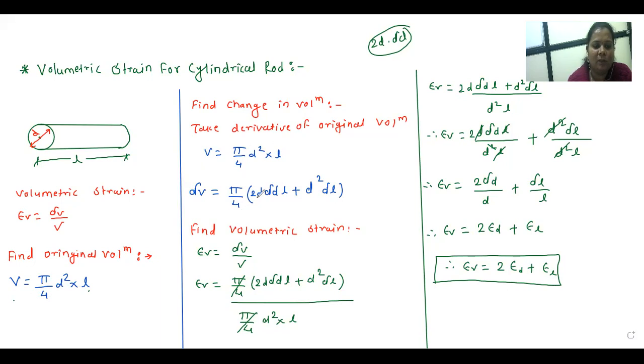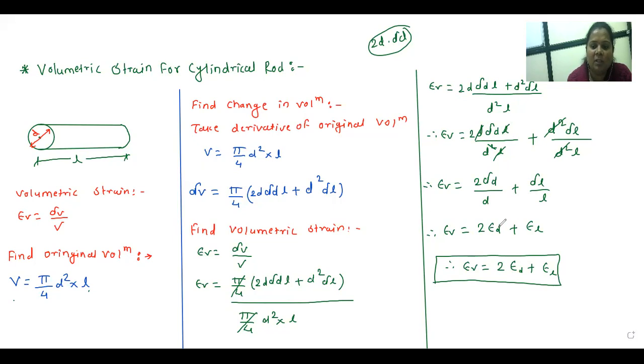Once you have the original volume and change in volume, you put these values in the volumetric strain formula. So this pi by 4 gets cancelled. After that, we separate the denominator. Here d and 1d get cancelled, L and L get cancelled, d square and d square get cancelled. After cancelling, 2 into del d divided by d plus del L upon L remains.